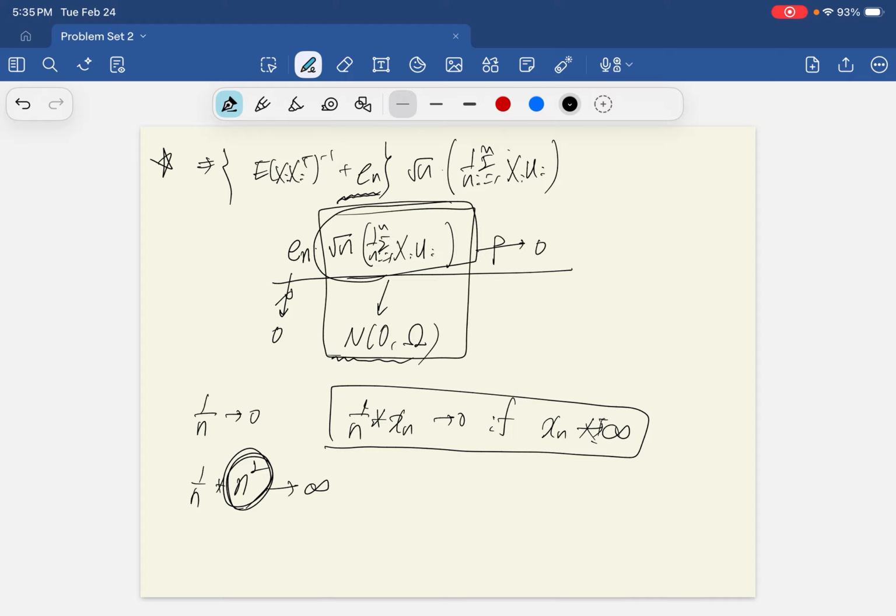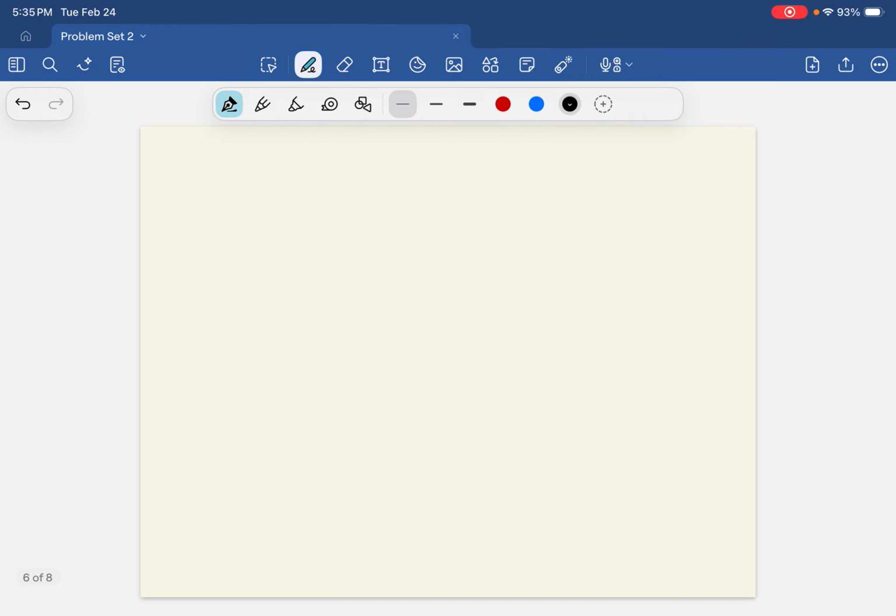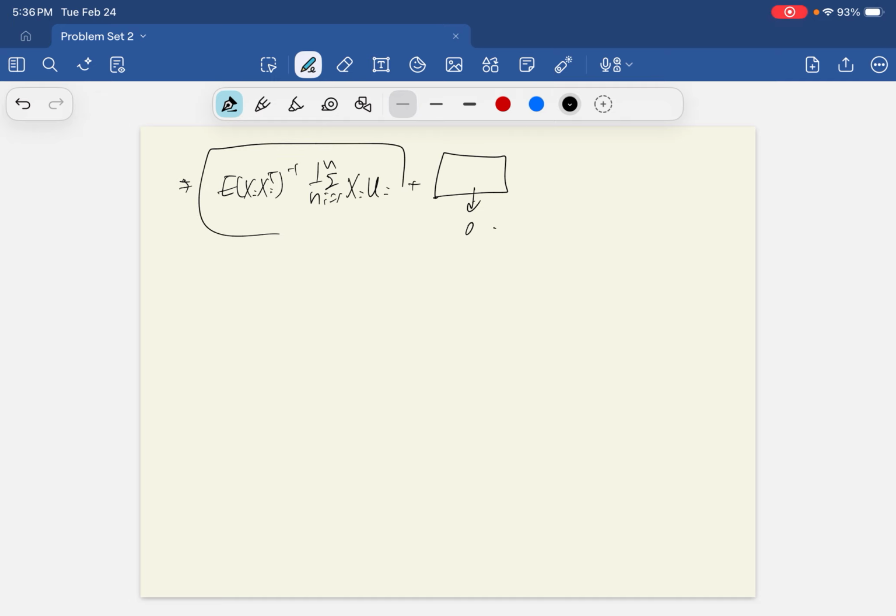So this is what we want, and we know that here. That means plus another error term that goes to 0, so we will ignore that. And now here, square root n, sorry.